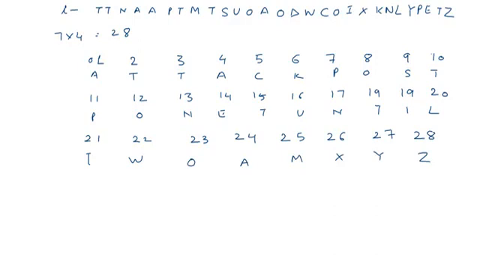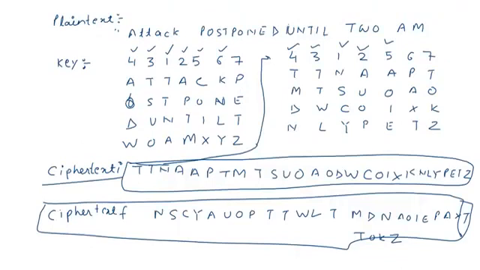Then again T, which goes at 10. How does it go at 10? Let's go to the matrix. So 1, 2, 3, this one is the third position, 4, 5, 6, 7, 8, 9, 10.